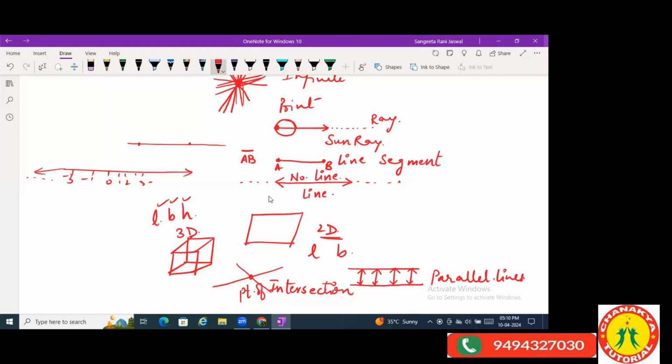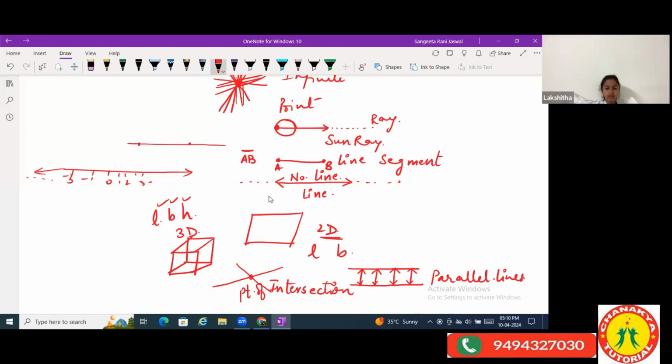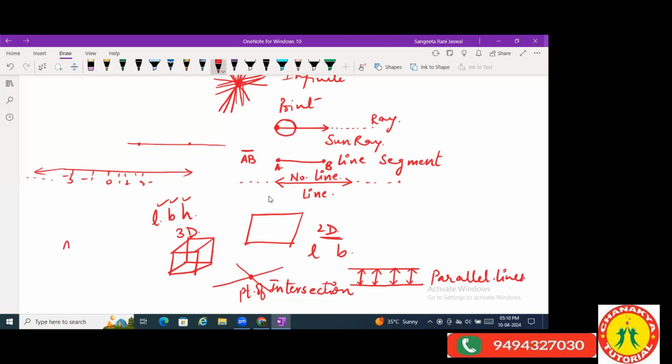Suppose I tell you AB is some line segment, so I will write it like this. That means this bar shows that AB is a line segment. That means it has a starting point and an end point, and the names are A and B. Right, children? Yes, ma'am.